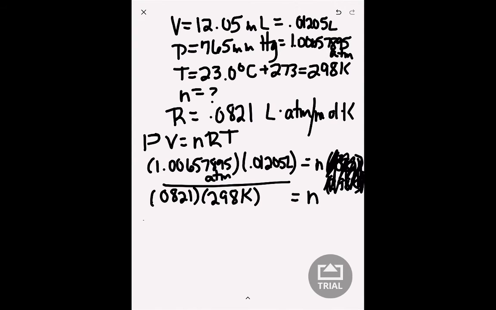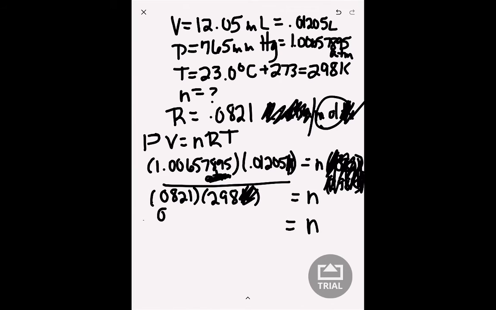Now, our atmospheres will cancel out with our atmospheres in our R. Our liters will cancel out with our liters in our R. Our K will cancel out with our K in our R. And what we'll be left with is moles, which is what we're looking for here. So we're going to do 1.00657895 times 0.01205 on the top.